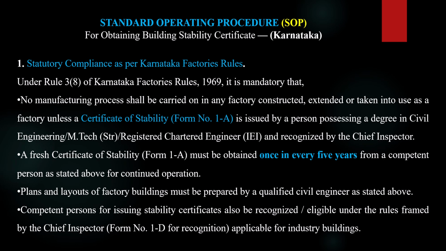Competent persons for issuing stability certificates should also be recognized or eligible under the rules framed by the Chief Inspector, that is Form Number 1D for recognition. It is applicable for industry buildings.